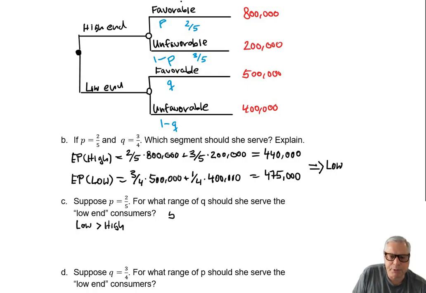The expected payoff for the low end is 500,000 with probability Q plus 400,000 with probability 1 minus Q, and that needs to be greater than the expected payoff from high when the probability is 2/5, so greater than 440.